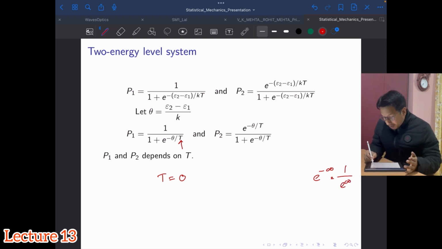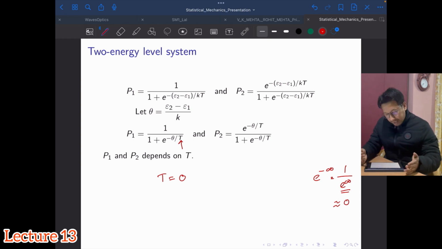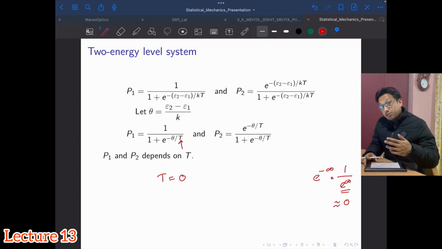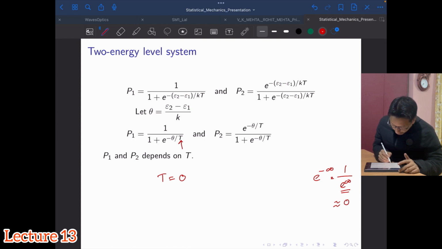The denominator here is a very large number, so I can assume that this number is nearly 0. 1 by infinity you can think about like a 0, even though infinity is not a number, just a very large number. So ultimately this expression here is 0.